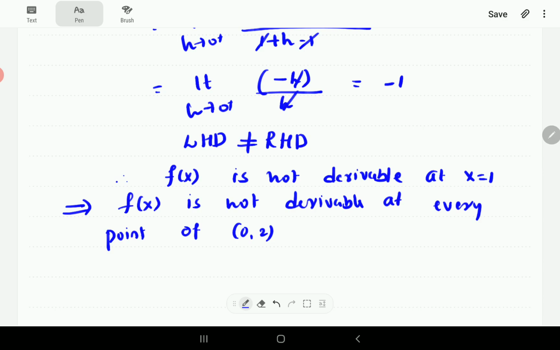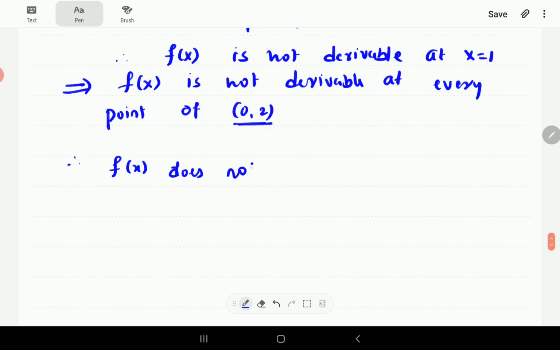So we are supposed to have that condition, right? It is continuous at every point in the closed interval 0 comma 2, but it is not derivable at every point of the open interval 0 comma 2. Therefore f of x does not satisfy the condition.